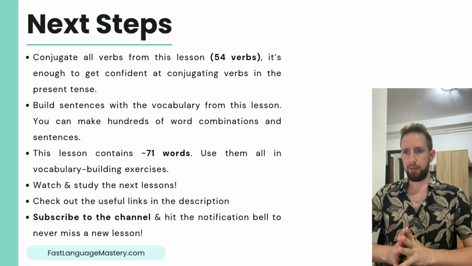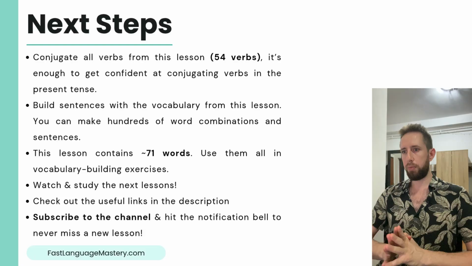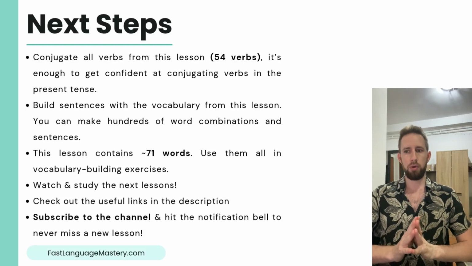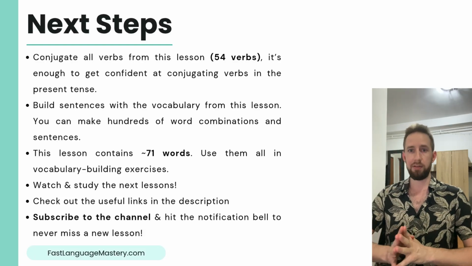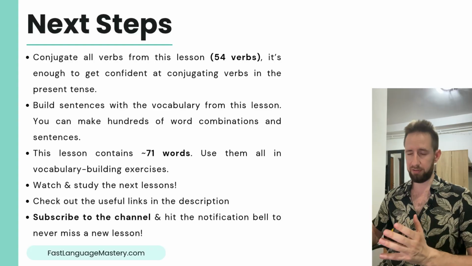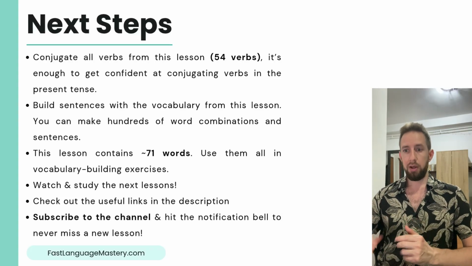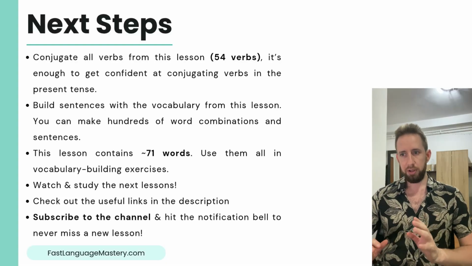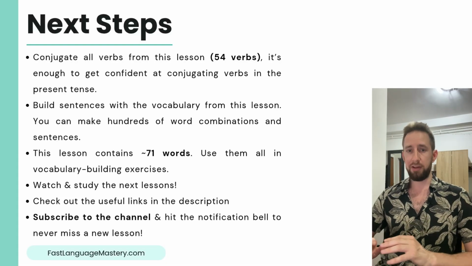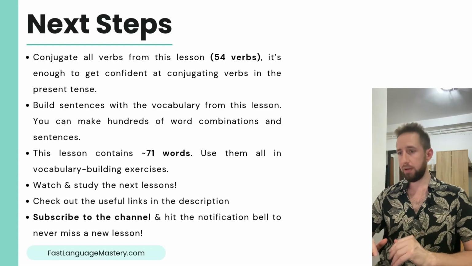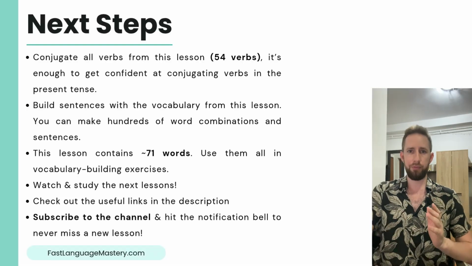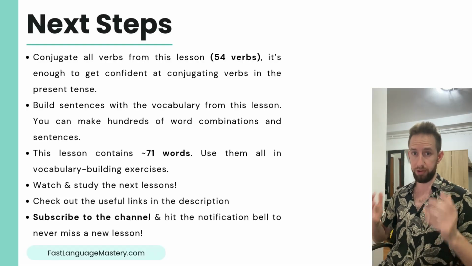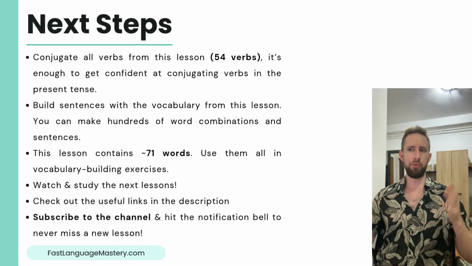Build sentences with the vocabulary from this lesson. You can make hundreds of word combinations and sentences. I would say even thousands of combinations. This lesson contains approximately 71 words. Use them all in vocabulary building exercises, and they include 54 verbs.